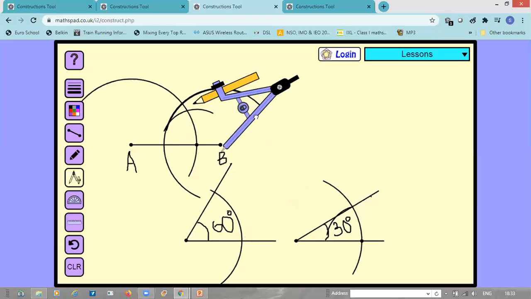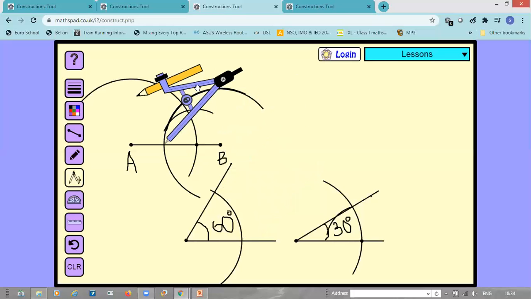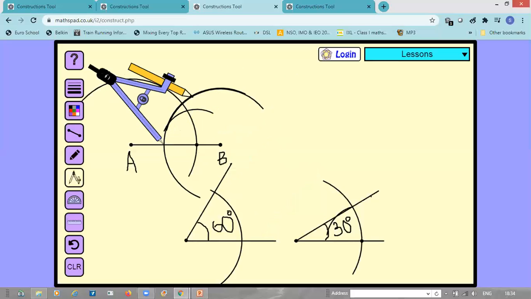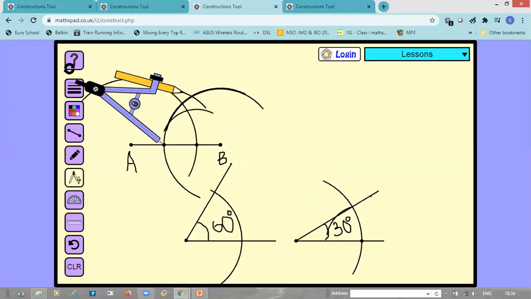I'm so sorry that it's taking a little time, but as you know, this is virtual, so it will take a little time. Now, as you can see, I have 2 points of intersection here, this and this. Don't consider this, as this is of 2 different angles. Now make the lines.